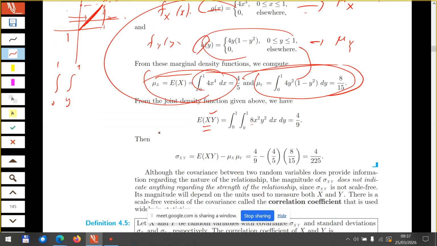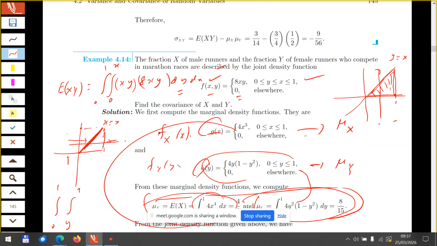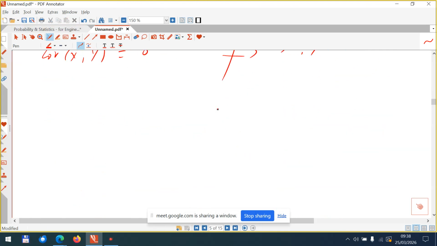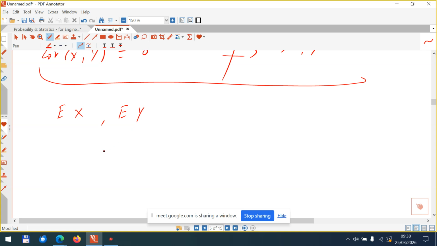Okay, so now we get to that point. So now we know three things, right? Just to recap, we know three things. We know E[X], E[Y] separately as locations. So measures of location for the distributions of X and Y individually.